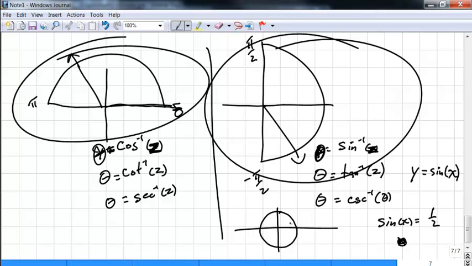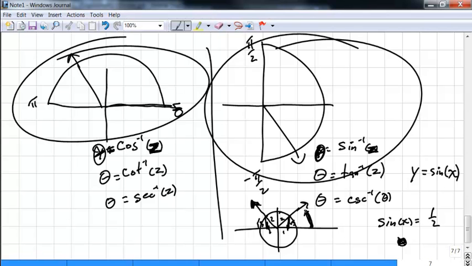For example, I take a circle of radius 2. We could take here or here for our terminal side. This is 2, this is 1, this is 2, this is 1, this is square root of 3, square root of 3. And so any angle that's going to end here or here will do it.